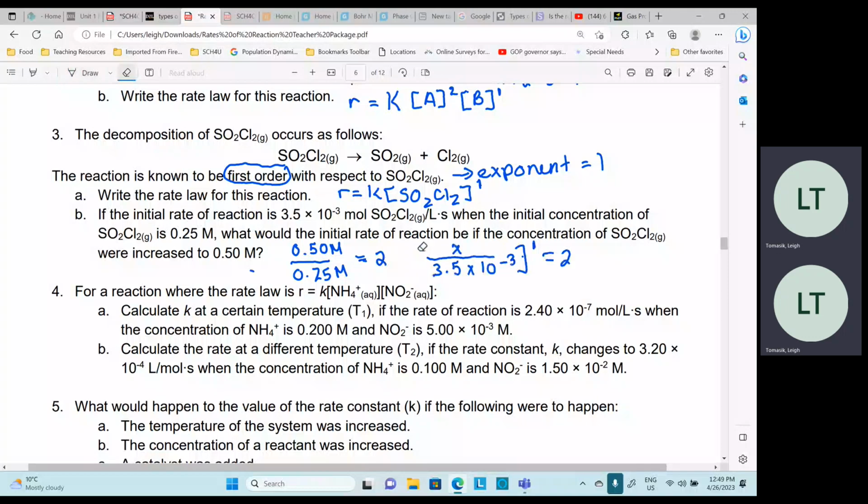We don't even need to write the power of 1. Okay, so maybe it's more appropriate to put the 2 to the 1 here, like that. Okay, so how do we find x? This is division. The 3.5 times 10 to the negative 3 is divided on this side, so it'll be multiplied on the other side.